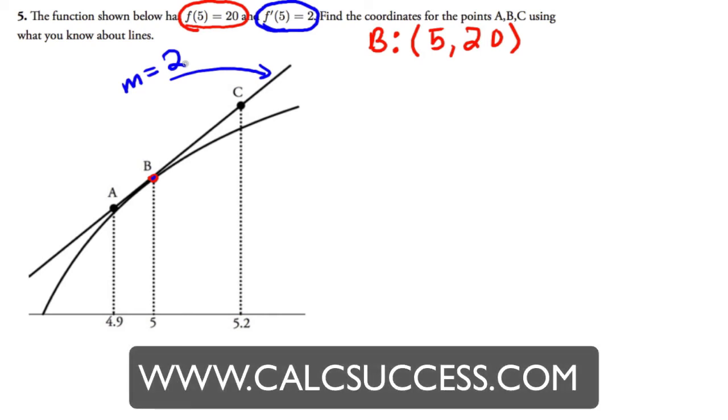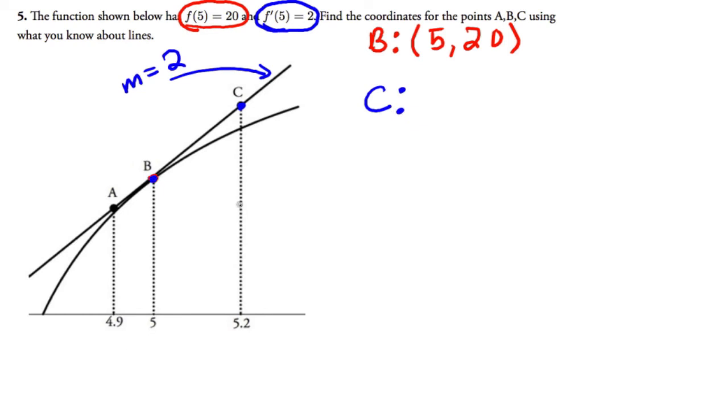Okay, so then if we want to find, for example, this point right here, C, we know that we're going to add this much to whatever the value for B is.